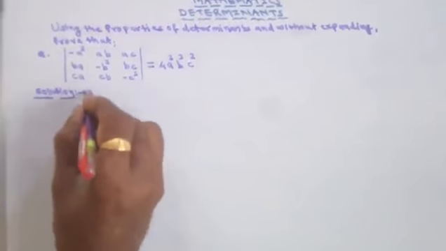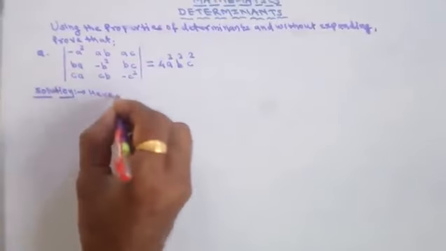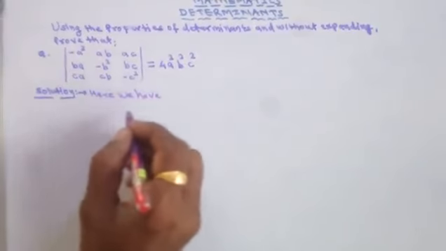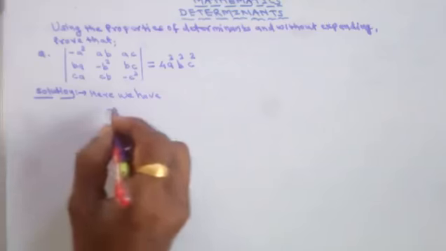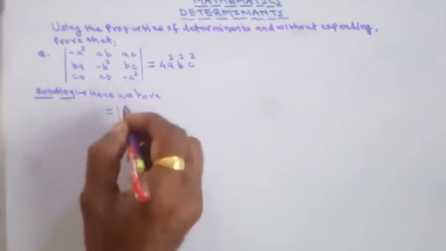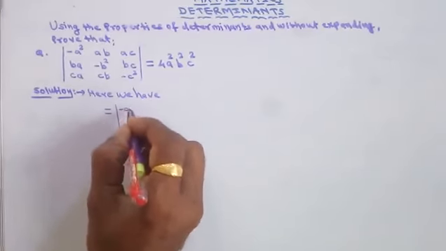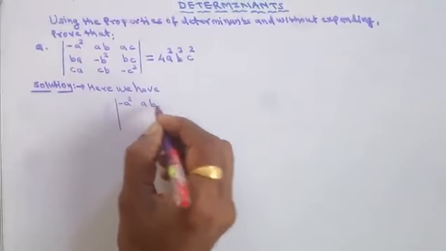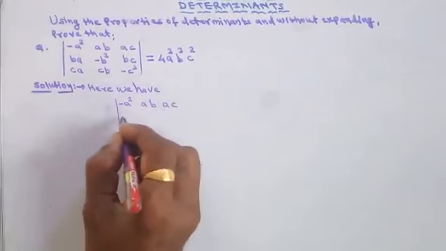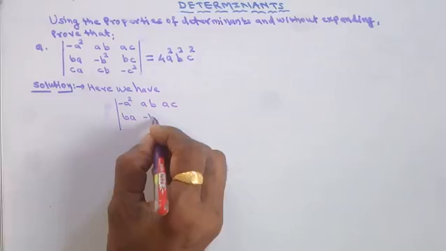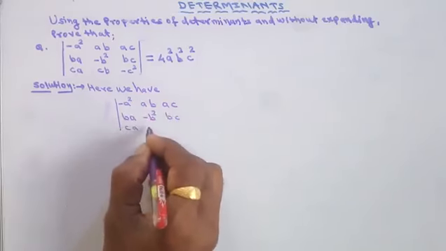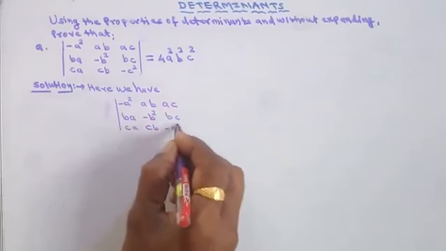So here we have the determinant equal to minus a square, ab, ac; ba, minus b square, bc; ca, cb, minus c square.